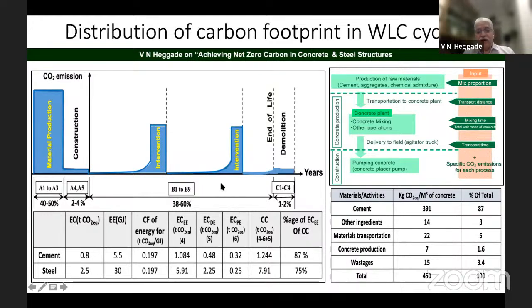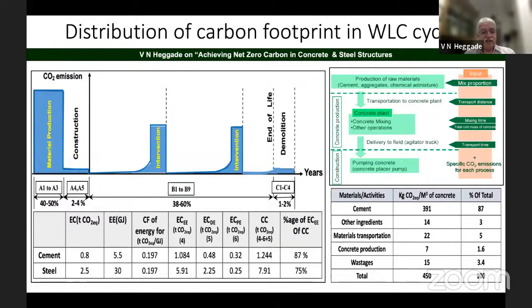So in a built environment, the most carbon-emitting materials are concrete as well as steel. If you look at the product stage as well as the construction stage, it has been recorded all over the world, whether it's the building sector or the infrastructure sector, that 2 to 4% of carbon dioxide emission takes place because of the consumption of fuel or electricity used for running the equipment. 40 to 50% of carbon dioxide emission takes place because of the production of the steel as well as the cement.